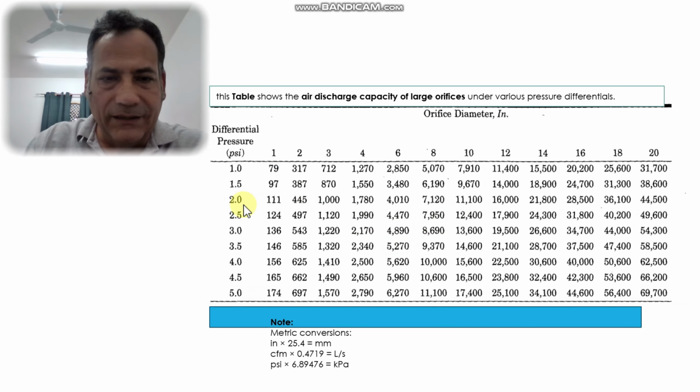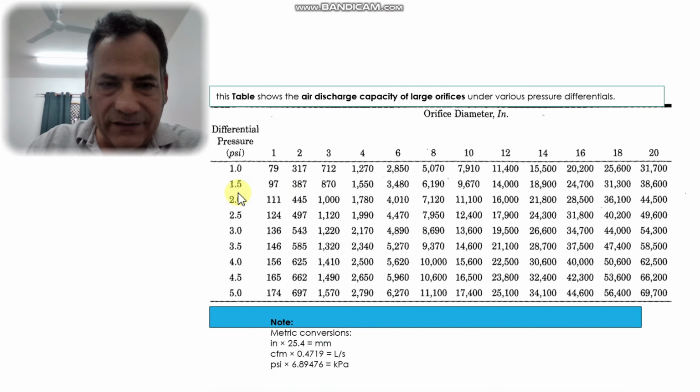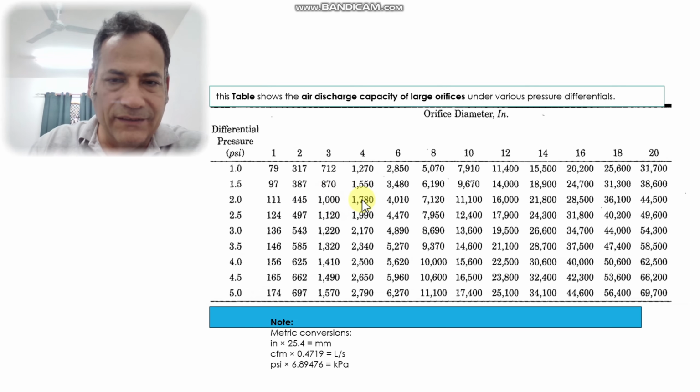Okay, now the pressure is 2. What was our air flow rate after calculation? 1,500, around 1,600. Okay, here if you go along this line, it will be between 1,000 and 1,780. We choose the one near that flow rate.